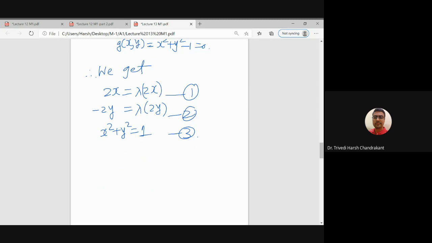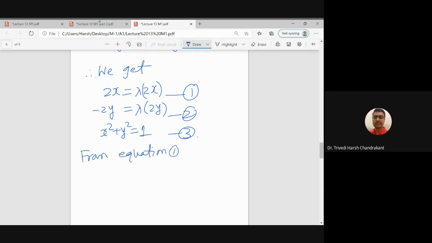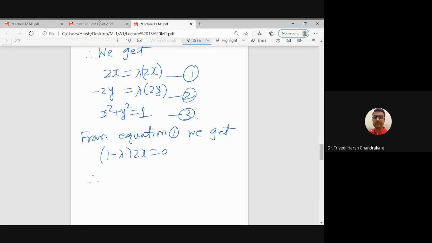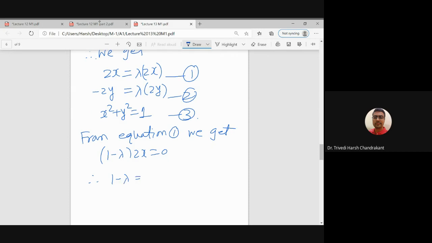Sometimes we need to work a little bit to solve such equations, but for this particular example it is very easy. From the first equation, we get (1 minus lambda) times 2x equals 0, and that gives us either 1 minus lambda is 0 or 2x is 0.